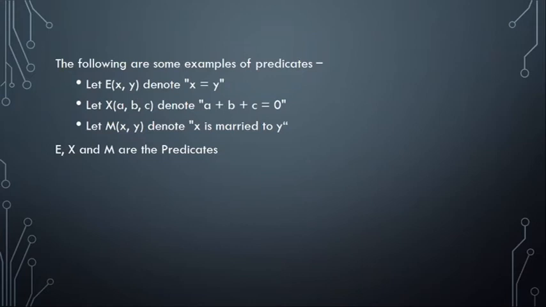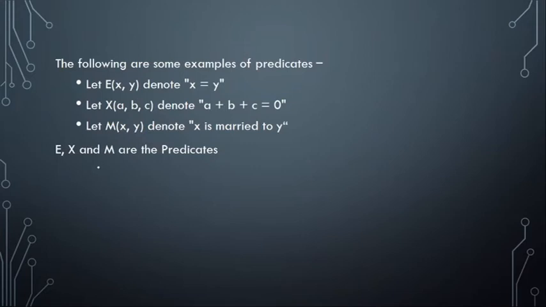So the predicates are the capital letters, E, Q, and M. They can also be P or any letters of the alphabet, as long as they are written in uppercase, or capital letters.